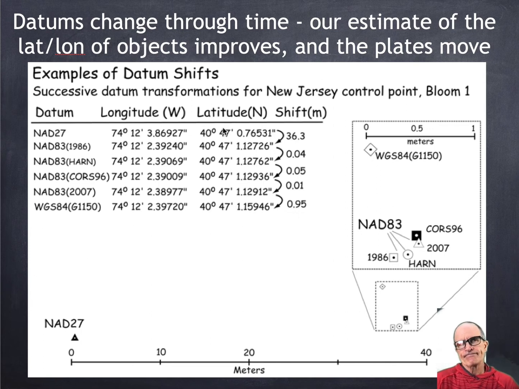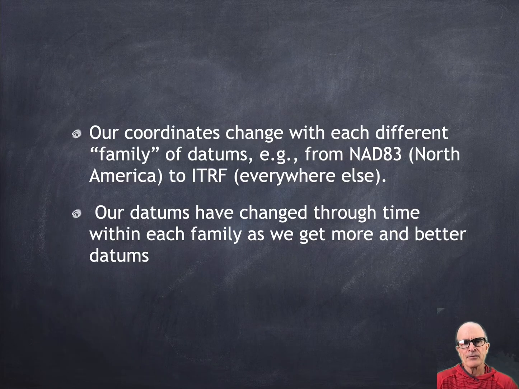Now, it's not bad that we're using these two different systems because we can always convert one to another. It is bad because if you don't pay attention to what the datum is, your data may line up or misalign by a meter, and that happens quite commonly, a meter and a half.